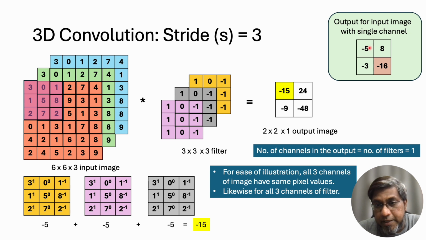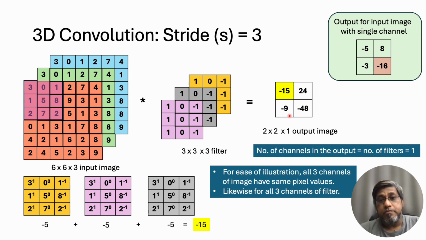Combining the -5 three times, or adding it three times, gives us -15. Similarly, adding the 8 three times will give us 24. Adding the -3 three times will give us -9. And the -16 added up three times will give us -48.